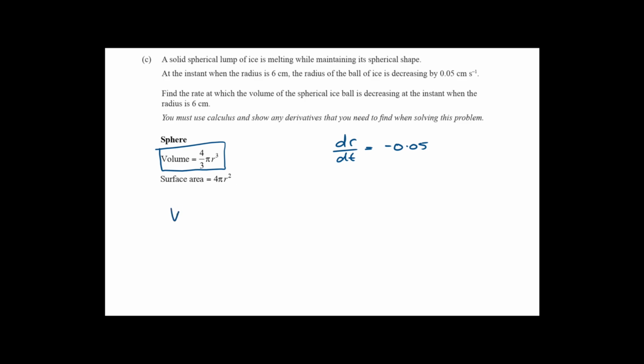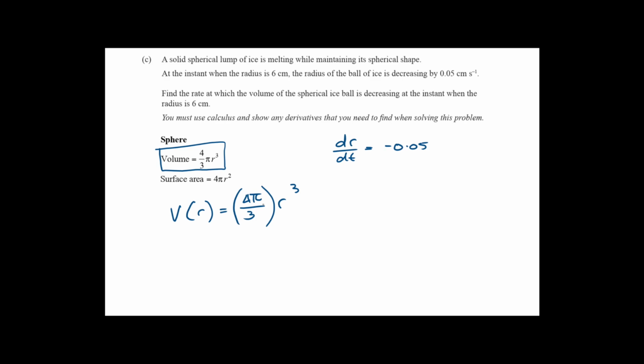So the volume as a function of the radius is 4 over 3 pi r cubed, and I'm going to just rewrite that as 4 pi over 3, in brackets, r cubed. Pi is a real number, 4 is a real number, 3 is a real number, so this must be a real number as well.